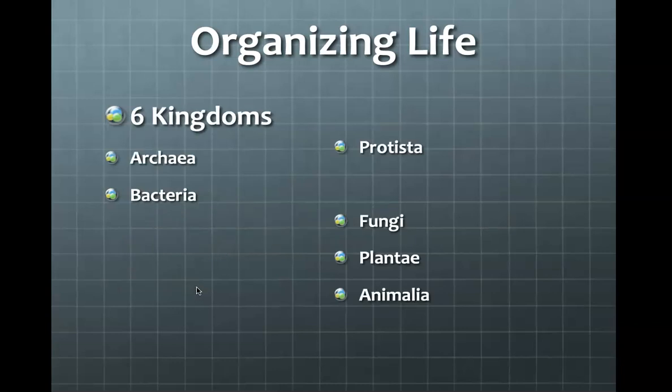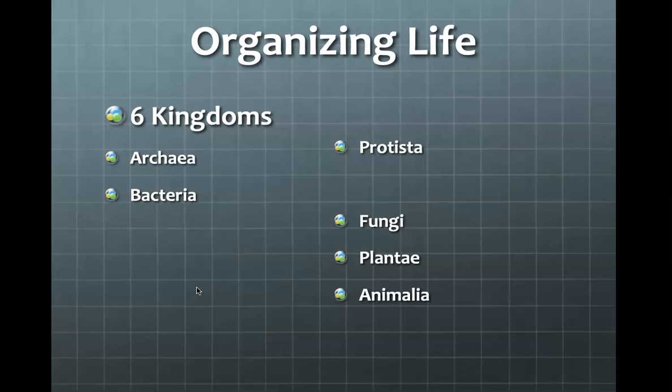All right, six kingdoms. Archaea and bacteria we just talked about. We got the protista. And this one gets its name changed periodically as well, and I'm not even sure if protista is still what they're using. But the protists, at any rate, are very, very basic organisms, but they are eukaryotes.